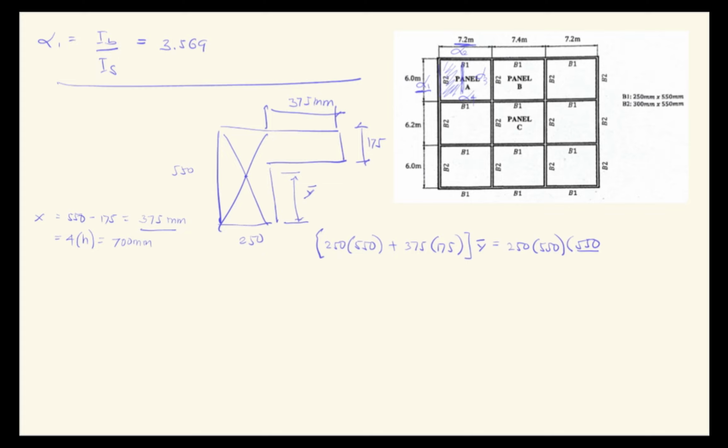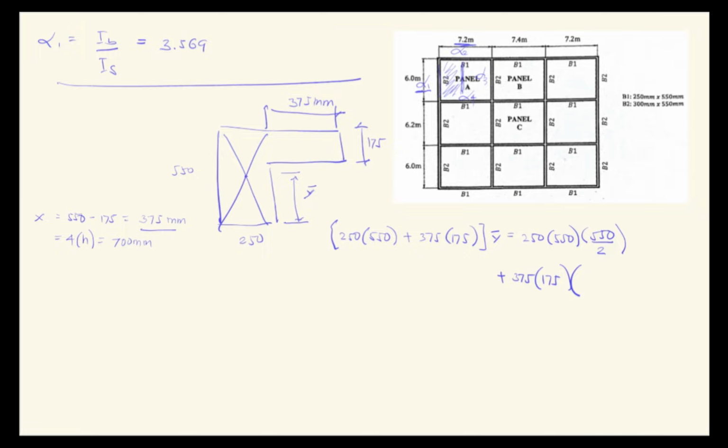So 550 divided by 2, okay, plus 375 by 175 multiplied by the distance of the centroid of this cross section with reference from our reference, which is here.